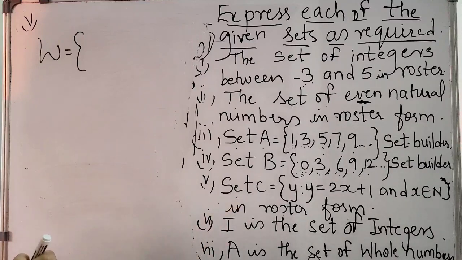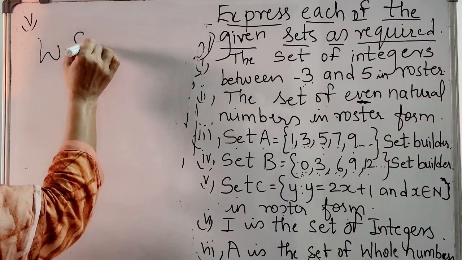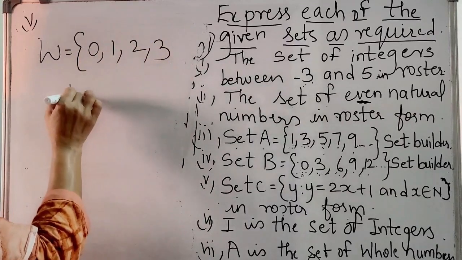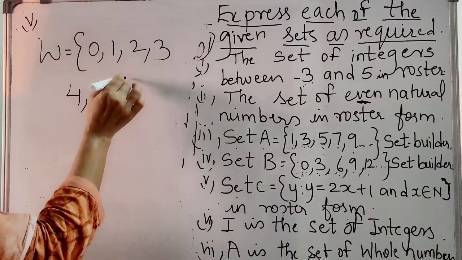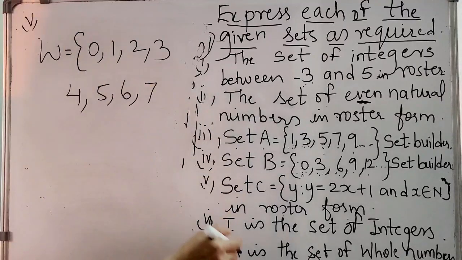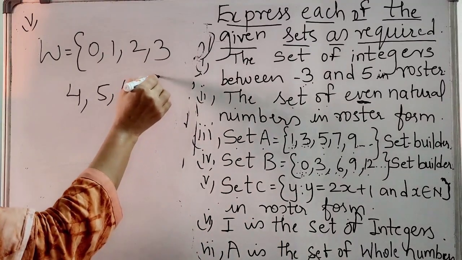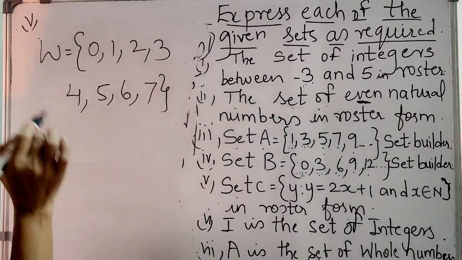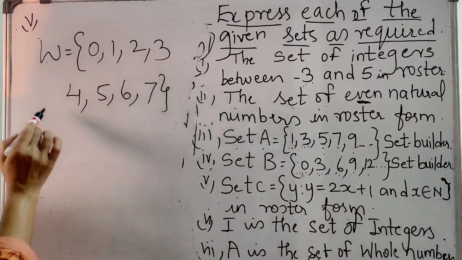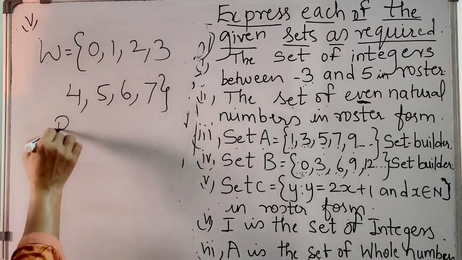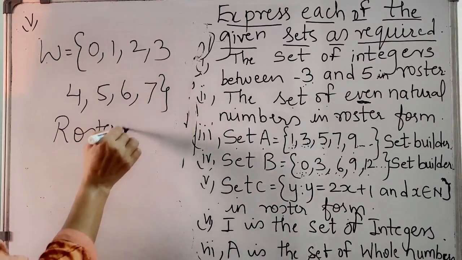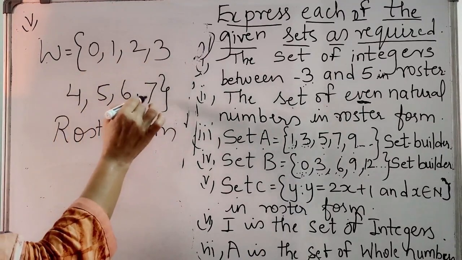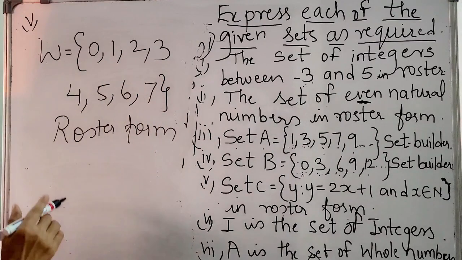You are writing in roster form, so the whole numbers start with 0, 1, 2, 3, 4, 5, 6, 7, stop, because it has to be less than 8. Cover it by curly bracket. So this is the way you have written in roster or tabular form. That is 0, 1, 2, 3, 4, 5, 6, 7. Stop, because it is less than 8.